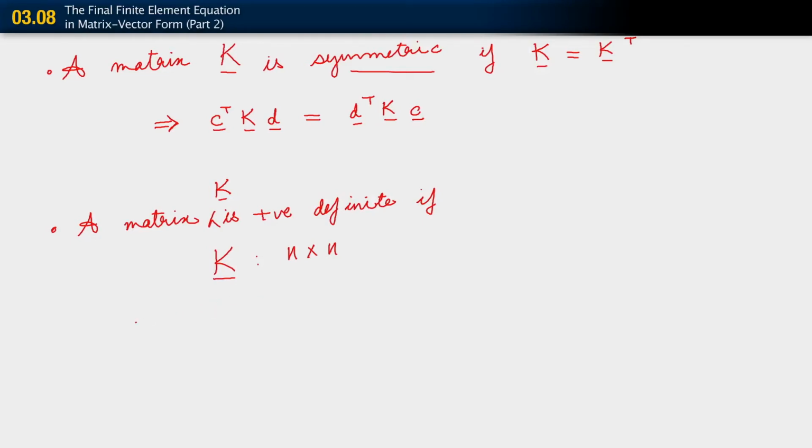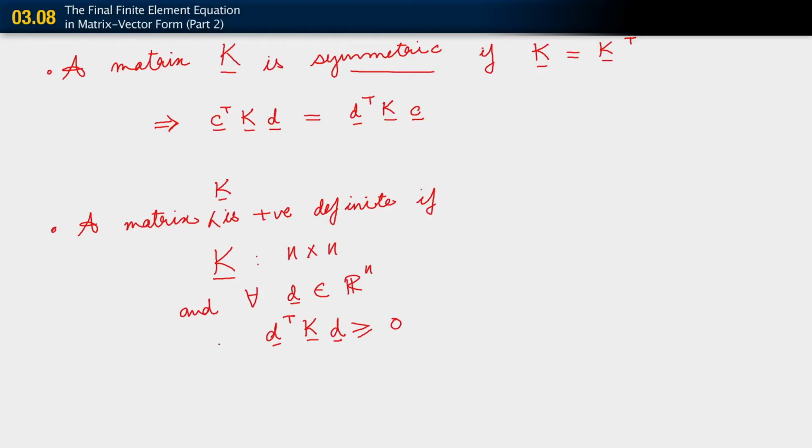if and only if for all D belonging to Rn, for all n-dimensional vectors, we have D transpose KD is greater than or equal to 0.